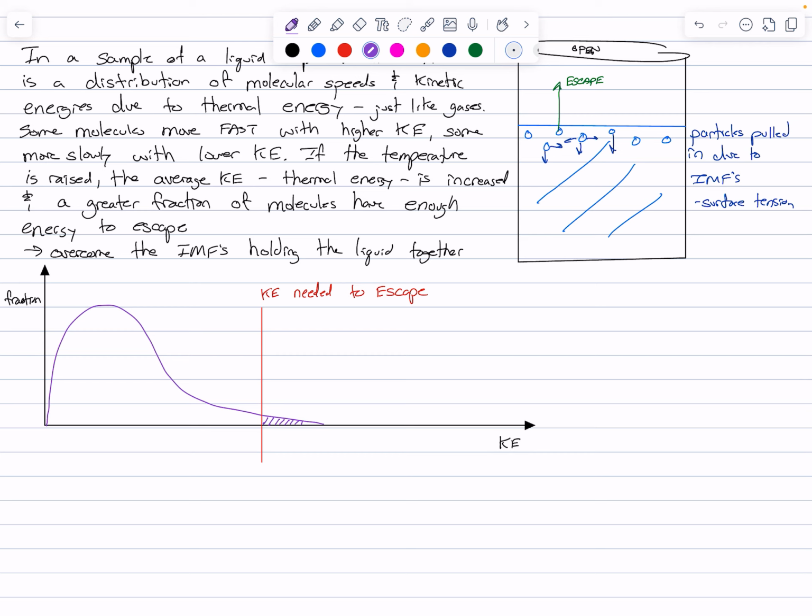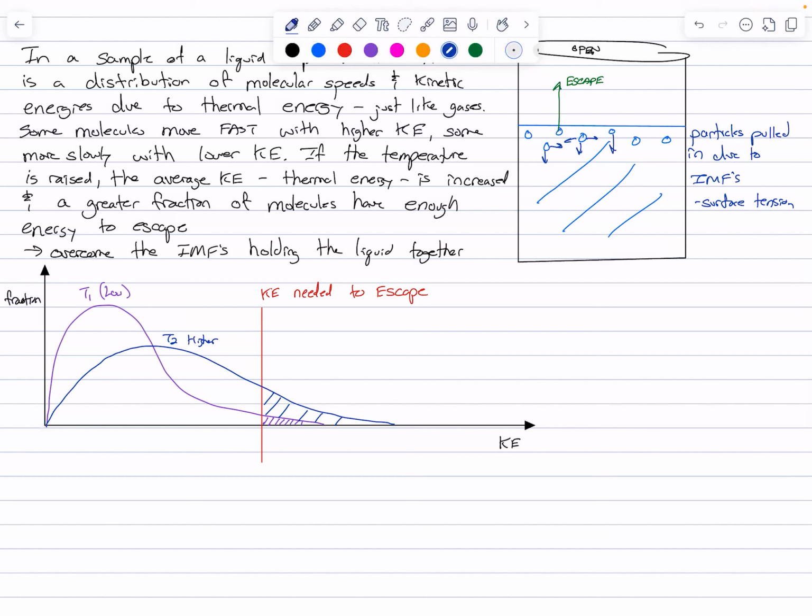If we raise the temperature up, so we're going to do this T1, which is low. If we raise the temperature up, we'll get a different distribution of speeds, with a bigger fraction that can escape. It's a bigger fraction, all right?